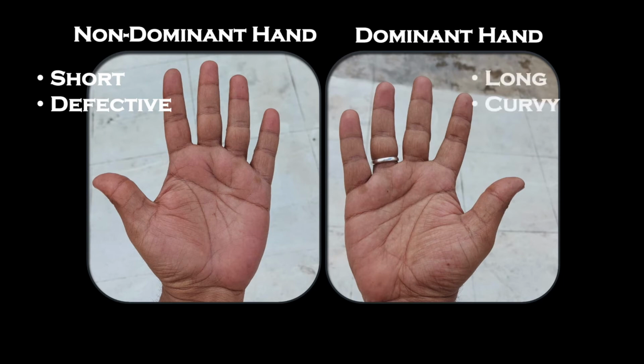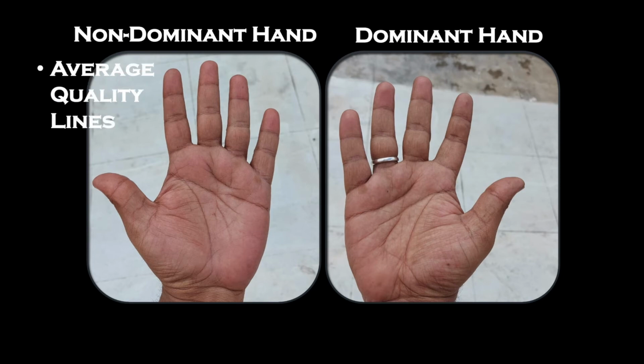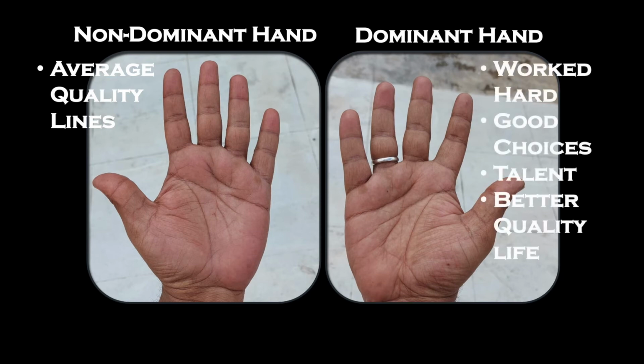But when we observe the right hand, the dominant hand, the lines are longer and curvy, which means that this person was born with average quality lines, but he has worked hard to polish those innate skills for a better living.